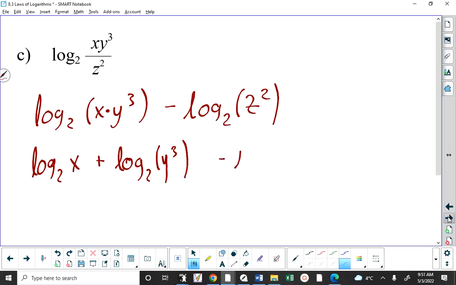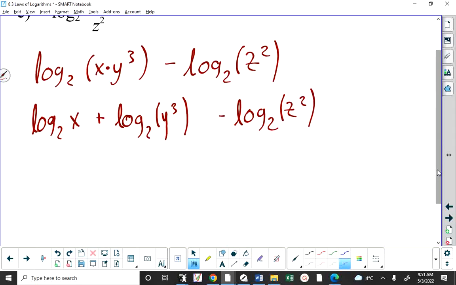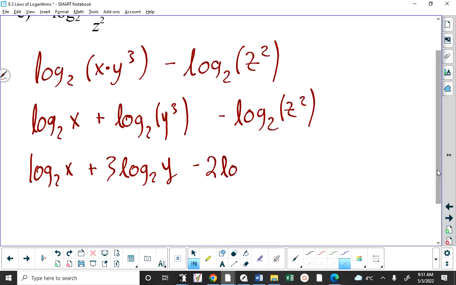And then I have minus log base 2 of z squared. And now I can lay all of those exponents out in front and have log base 2 of x plus 3 log base 2 of y minus 2 log base 2 of z.